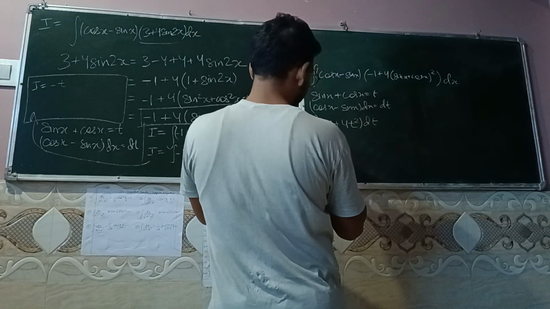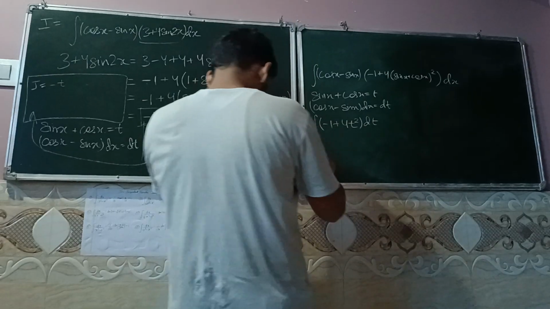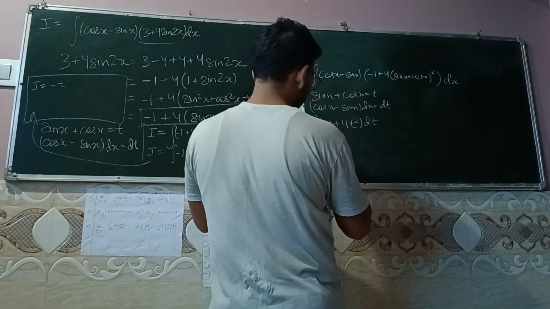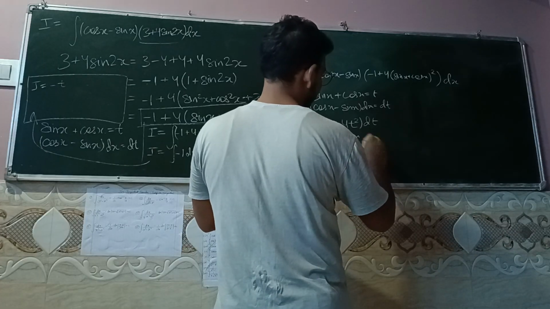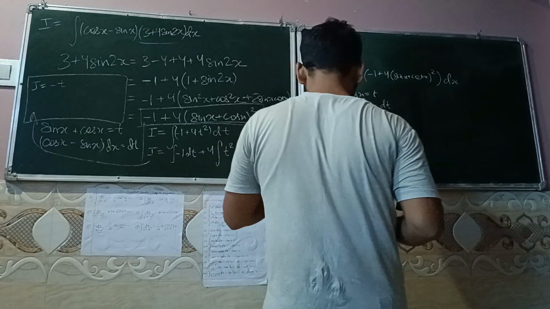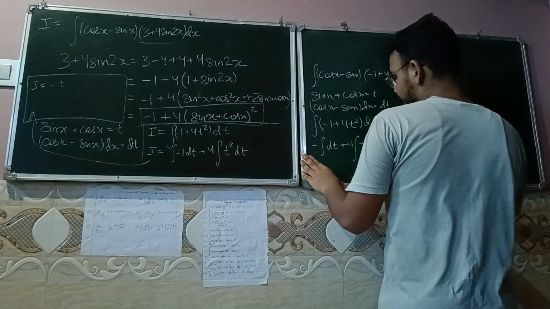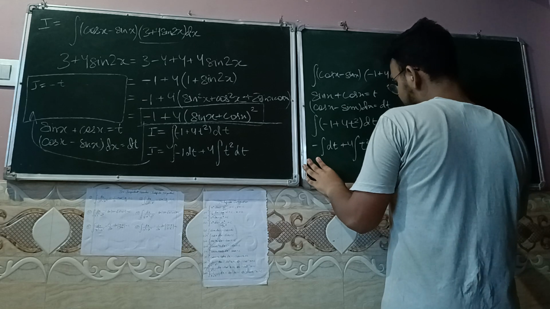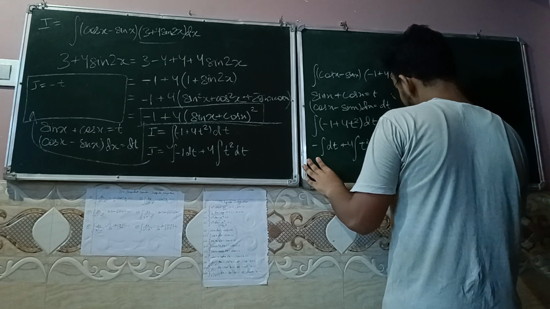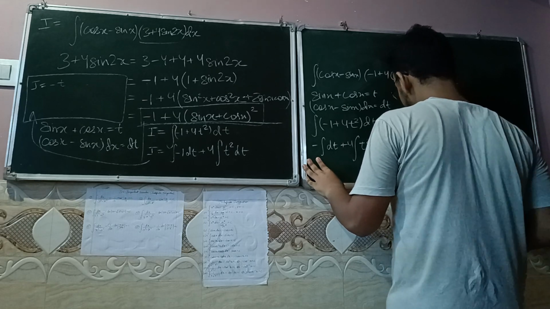So we have negative times the integral of dt plus 4 times the integral of t squared dt. So our integral will be -t plus 4t cubed over 3, right?